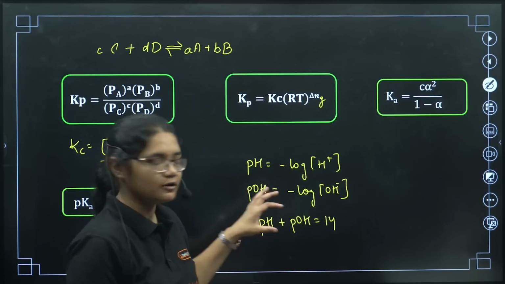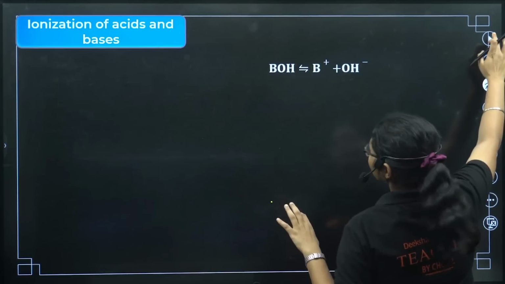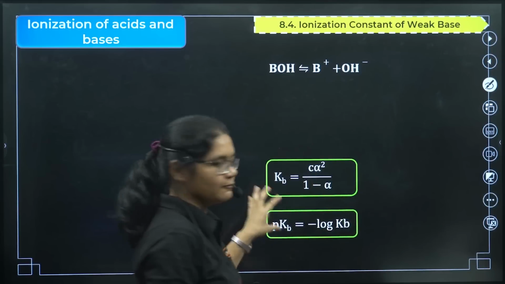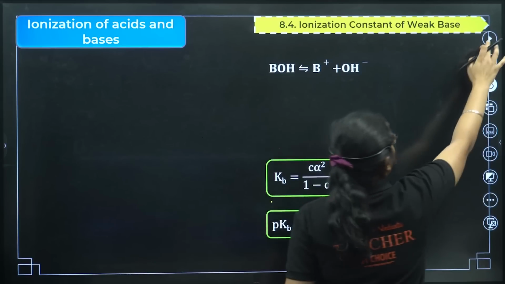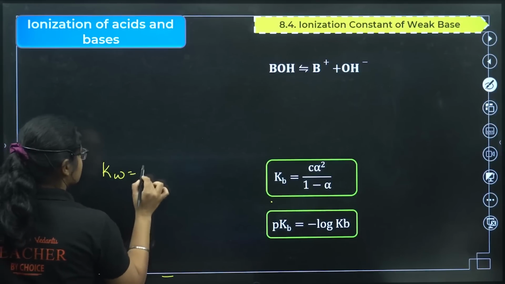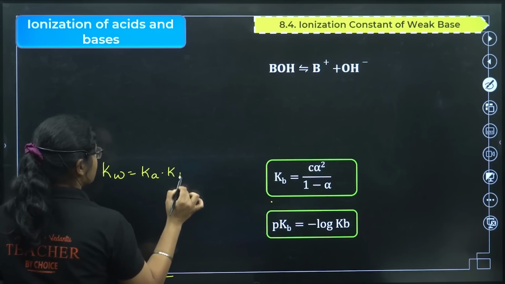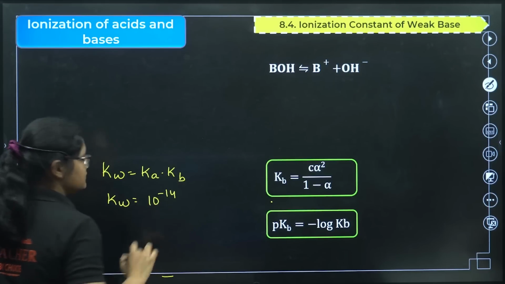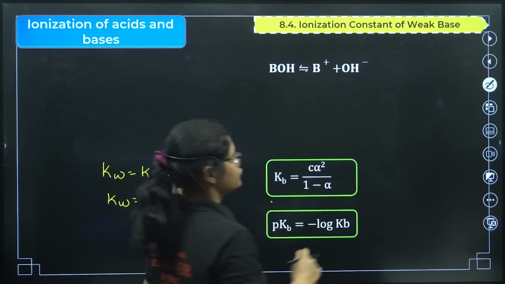These are the important formulas you should be knowing. Next, for a base also the same formula is there. One more, the ionic constant of water: Kw is equal to Ka into Kb. This is important. Kw is equal to 10 to the power of minus 14. These two values also you should be knowing.